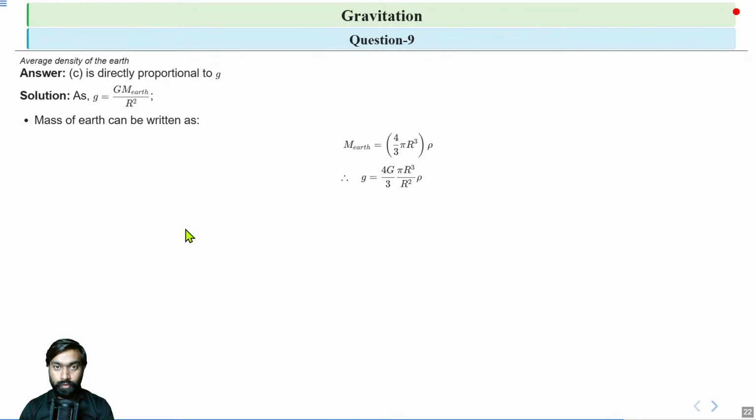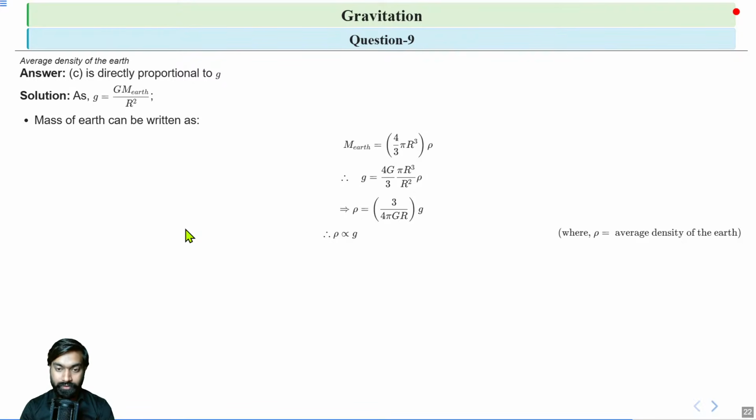So g equal to 4 G divided by 3 into pi R cube divided by R square into rho. So rho equal to 3 divided by 4 pi G R into g. In terms of rho, the value is this one. So from this relation, listen carefully, it is clear that rho is directly proportional to g. Yes or no? Where rho is the average density of the earth.